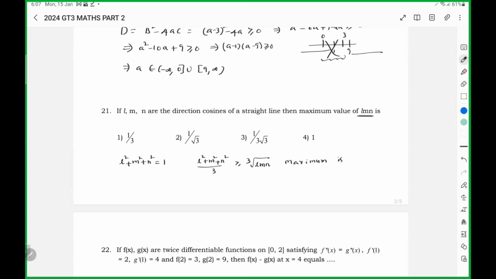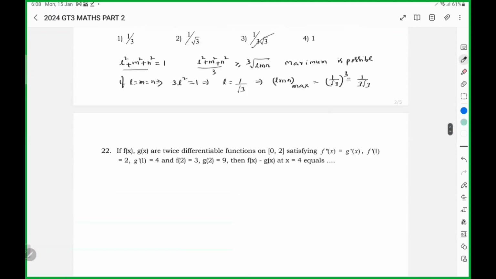Maximum is possible if l, m, n are equal. Substituting here, the maximum value of lmn is 1 by root 3 whole cube, because all are the same, 1 by 3 root 3.